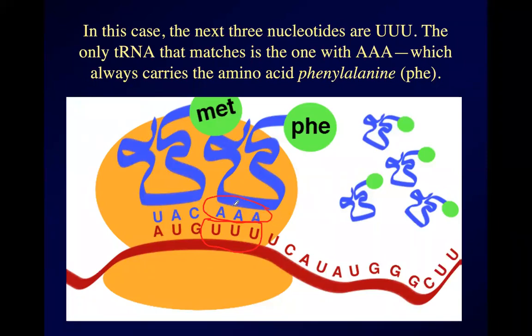And thanks to these enzymes that do the work of putting them together, the only transfer RNA that's got AAA is the transfer RNA that's carrying the amino acid phenylalanine. So that's the second amino acid in the chain.